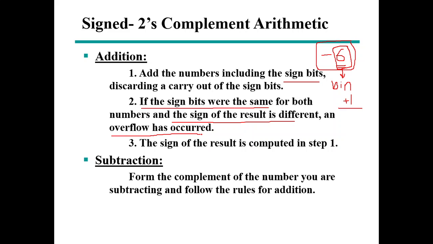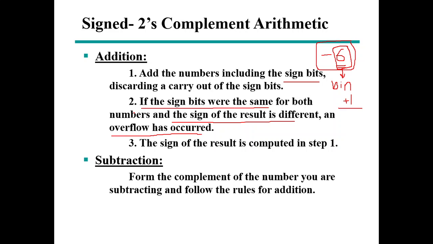So this is basically how you do addition. Whenever you are adding two signed numbers, you add them along with their sign bits. If there is a carry out of the sign bit, you just ignore it.